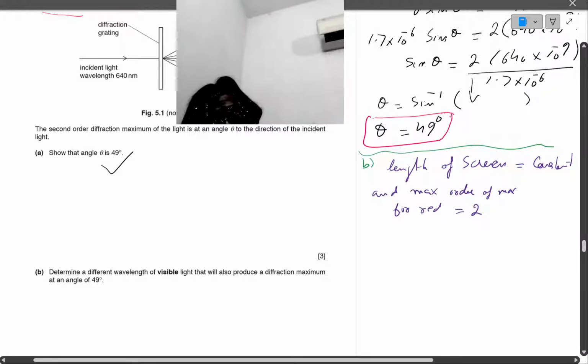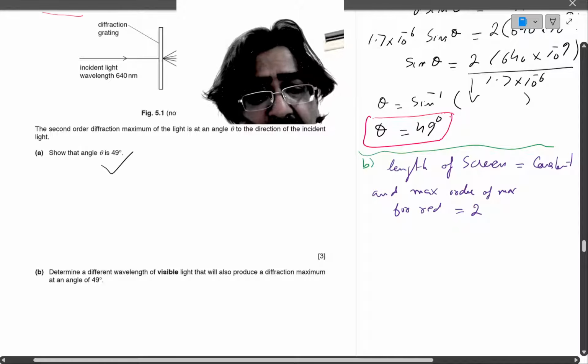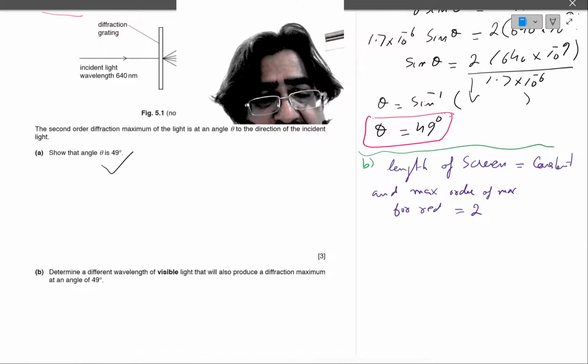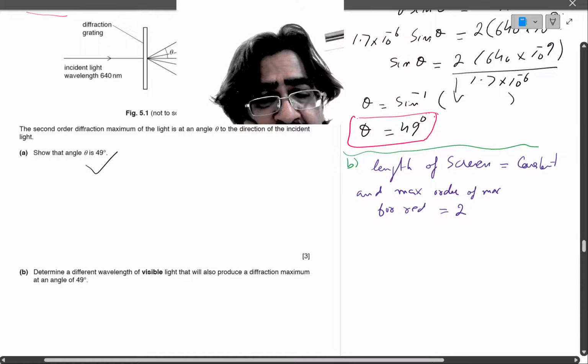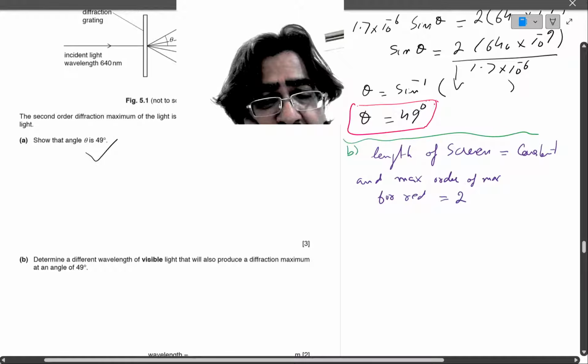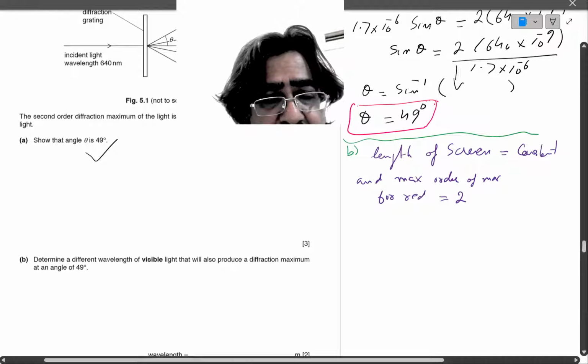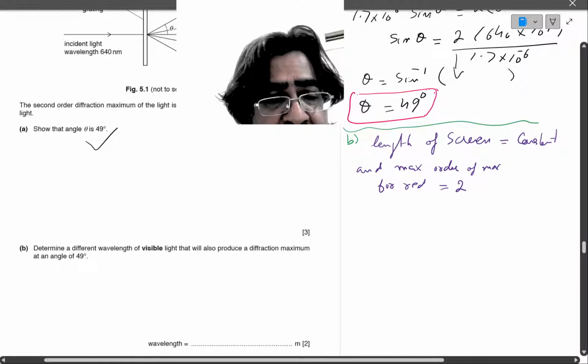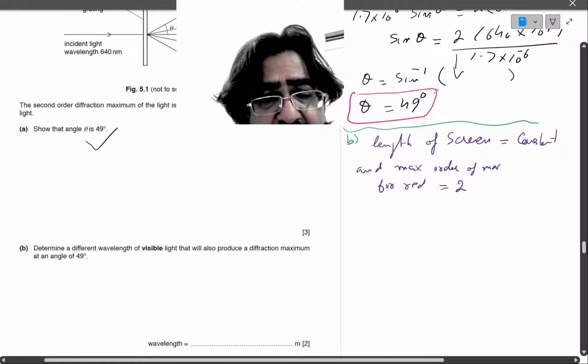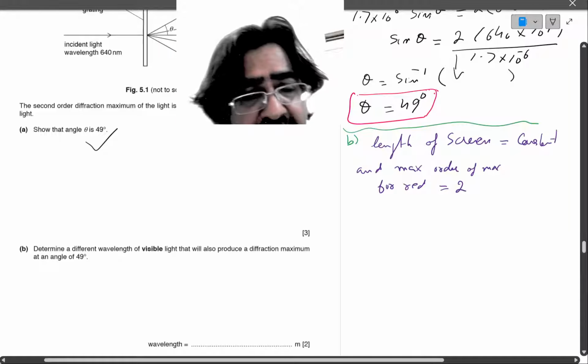Okay, if we check the different frequency graph of the red light, the red light has a wavelength of visible light that will produce a diffraction maximum at 49.